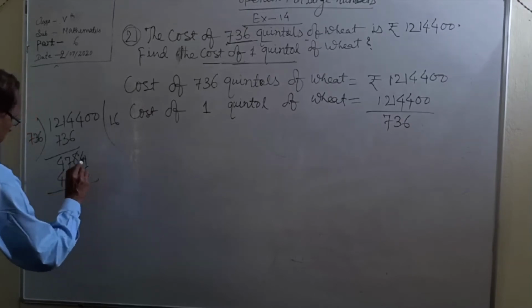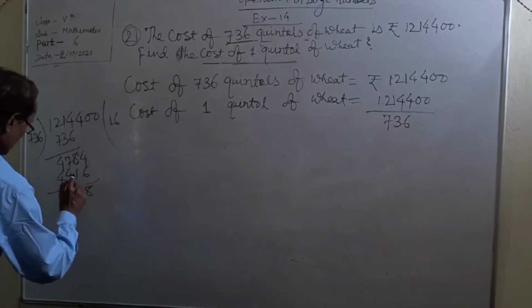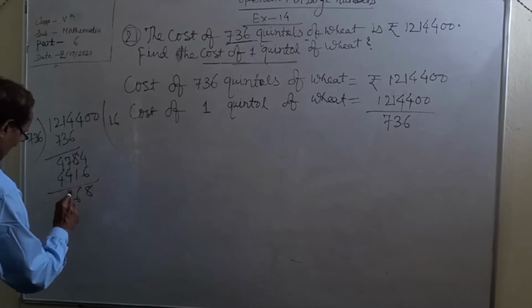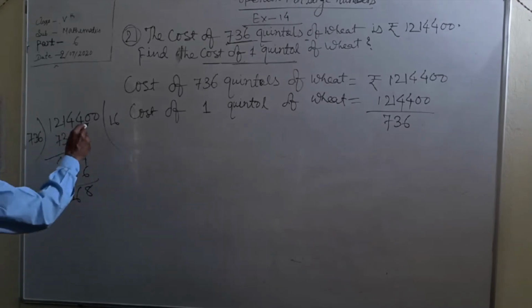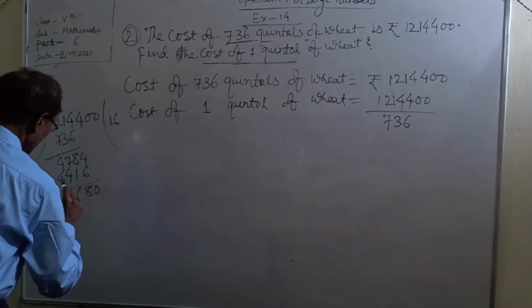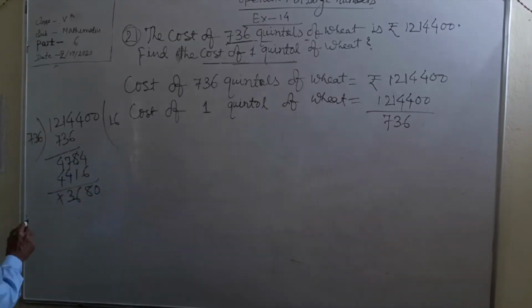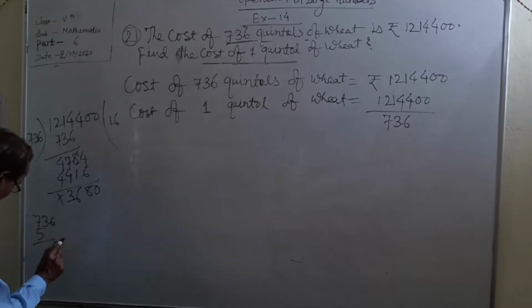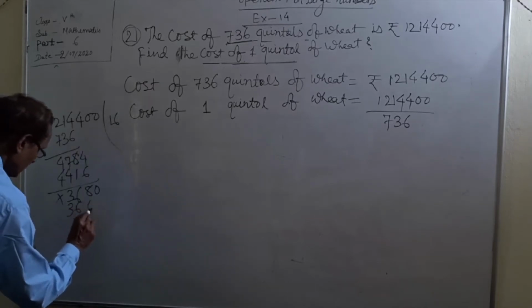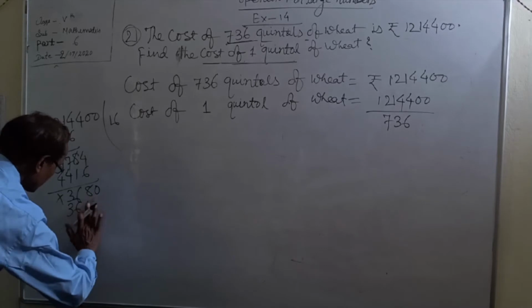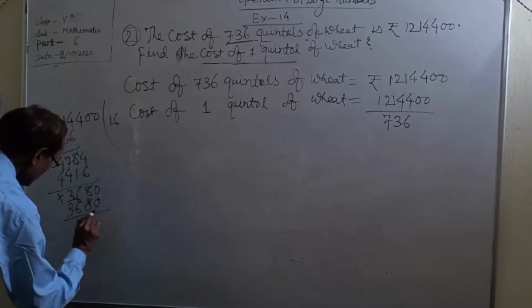After subtraction, again take 10 from the upper part. 736, 5 here, 3680.